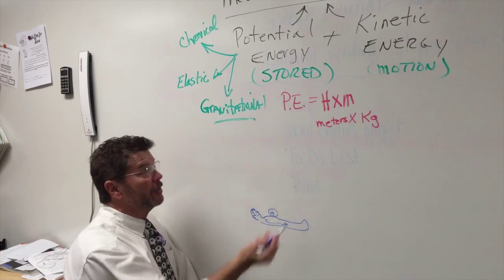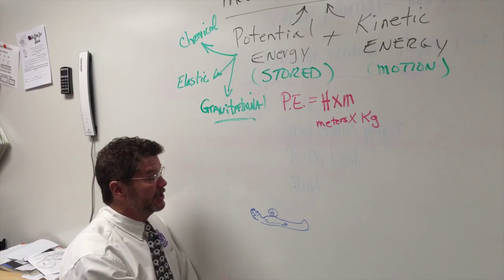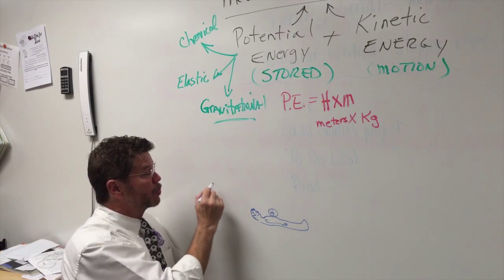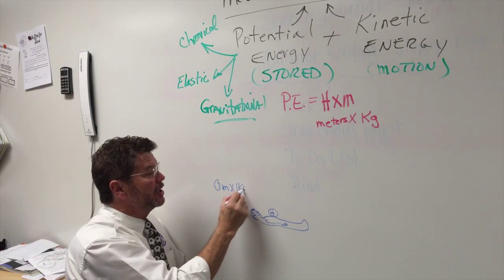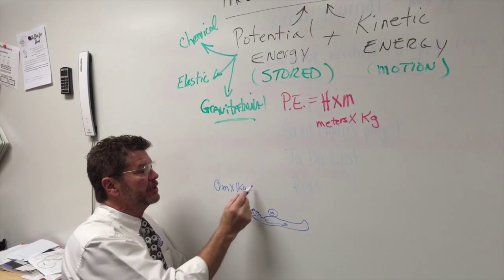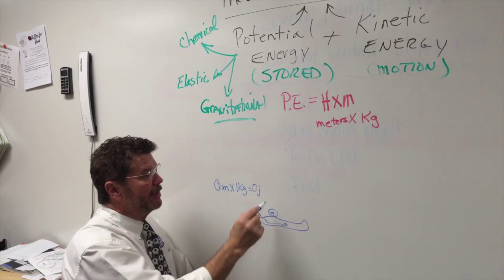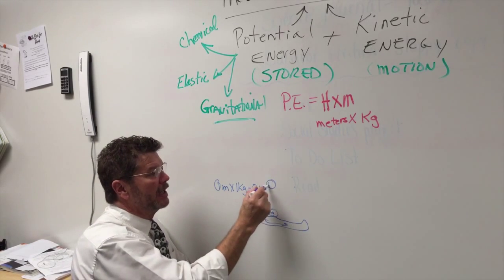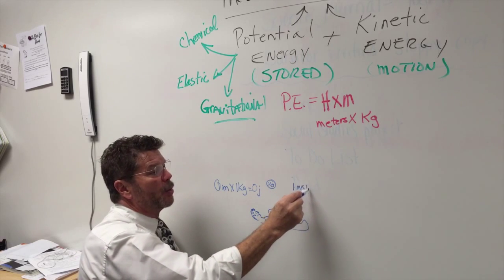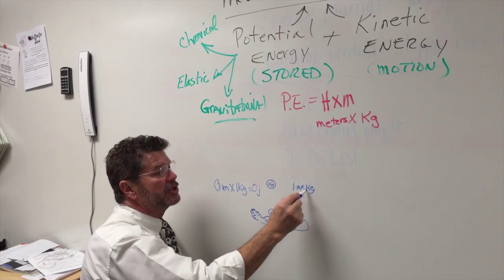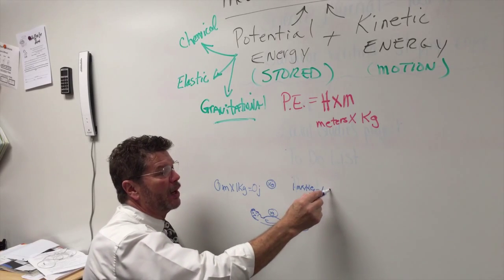So if we want to find its gravitational potential energy, here we go. The height was 0 meters times 1 kg equals 0 joules, right? Then we moved it up to 1 meter. It was still a kilogram. So now it's 1 meter times 1 kg, and that equaled 1 joule.